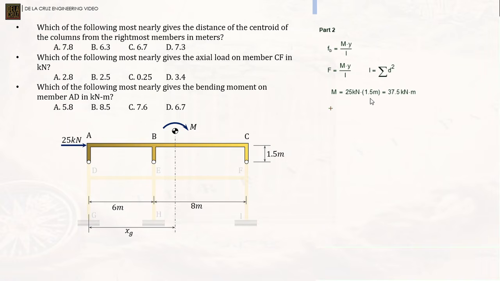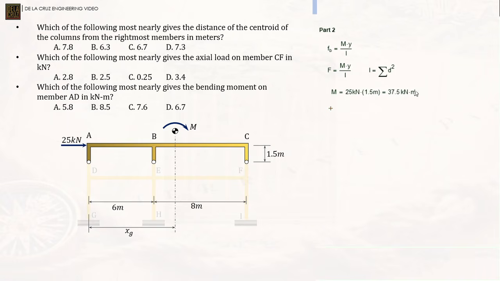Now, how about the inertia? Our Y is no problem. Y is the distance from the neutral axis to the point of interest. For number 2, our point of interest is member CF, so this is the distance we will use, the one we already got, X sub R. Alright?